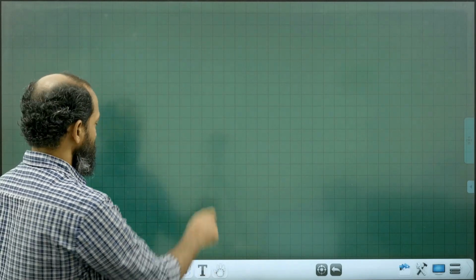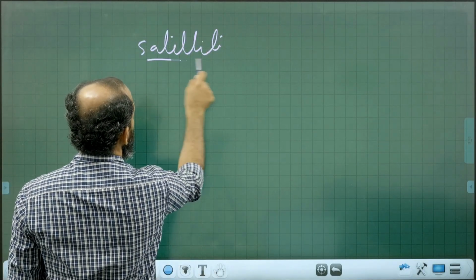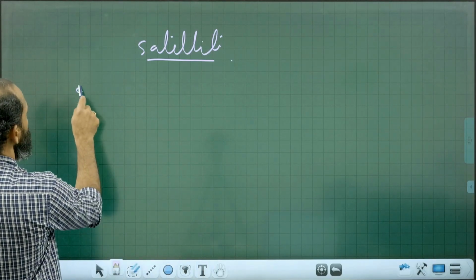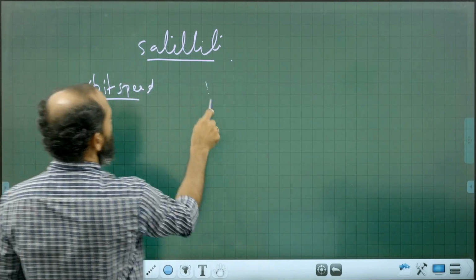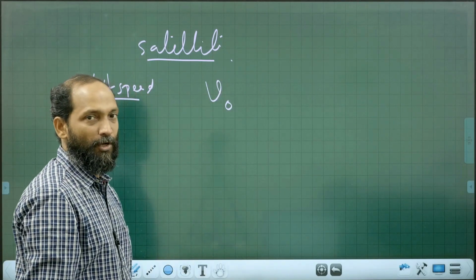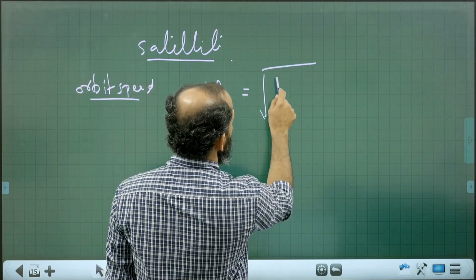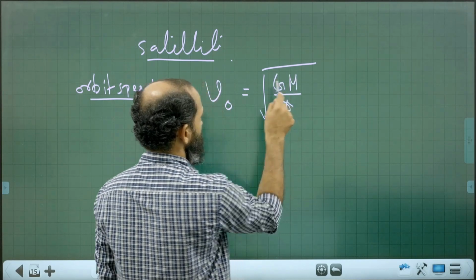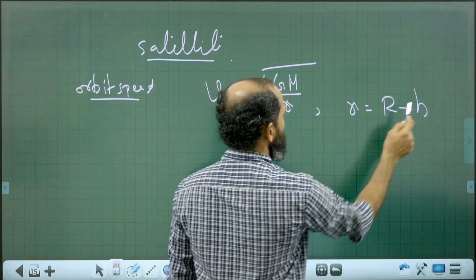Now satellites, the last topic of the chapter. First we discuss the orbit speed of a satellite. Orbit speed resembles the formula for escape speed. Orbit speed is equal to square root of GM divided by small r, where small r is equal to R plus h.